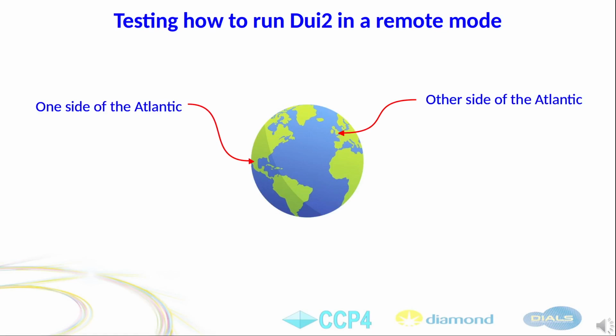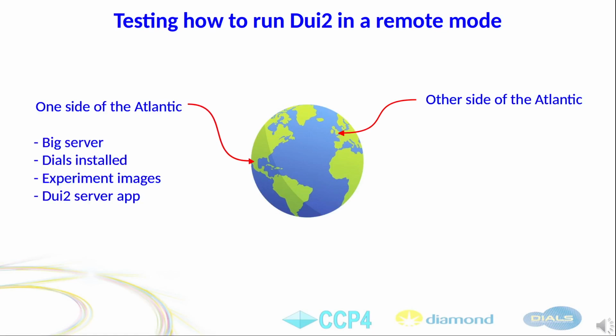Now, I would like to go back to features of the new DUI. This is something we are testing. This is something that is not yet supported, but will come eventually. This is how to run DUI remotely. What I mean by running DUI remotely: we aim to deliver in the long term a version of DUI that will behave very similar to CCP4 Cloud.